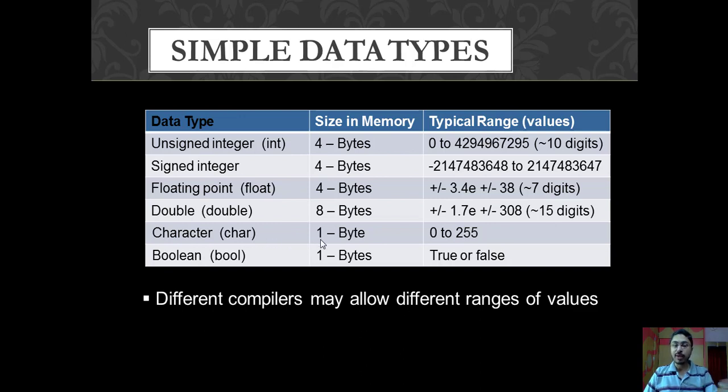It occupies only 1 byte, because here we use ASCII representation of the characters. So it can have a range from 0 to 255. All the characters that we represent will be represented using these values, 0 to 255. So each character will occupy only 1 byte in the memory.